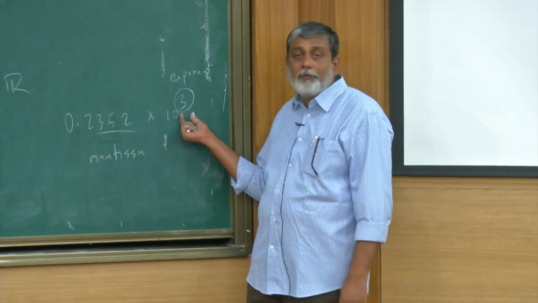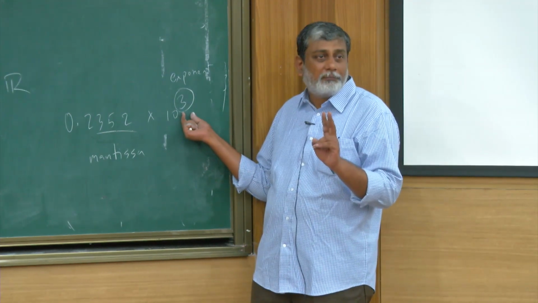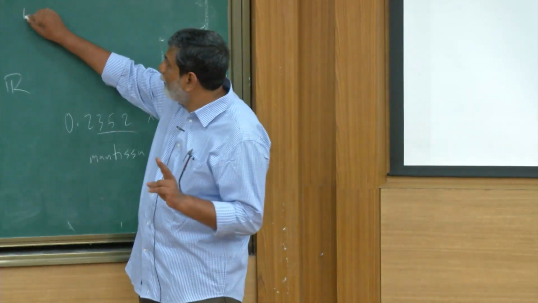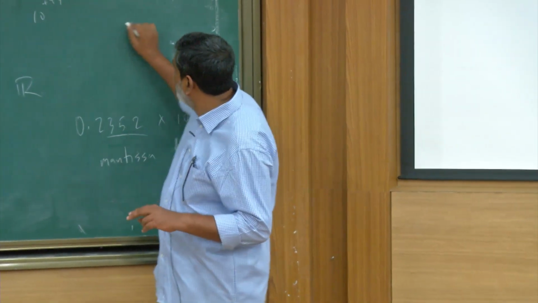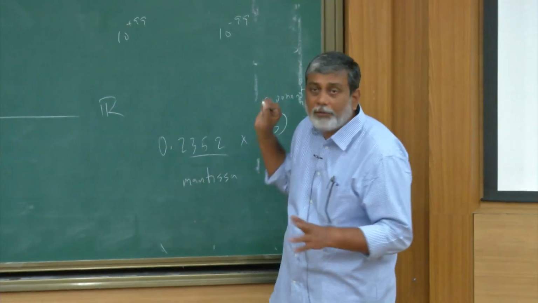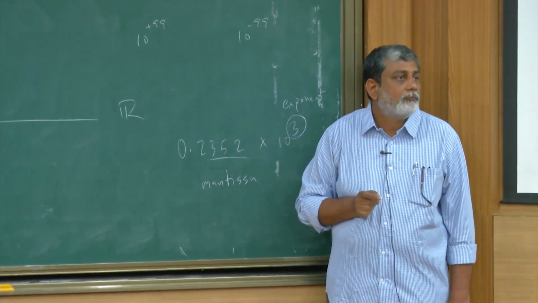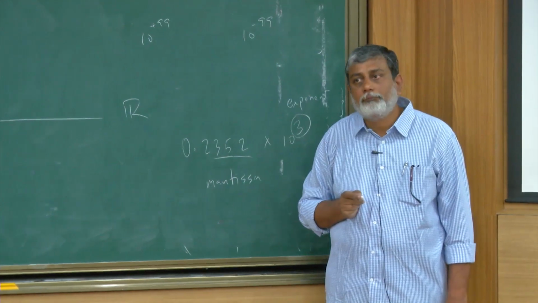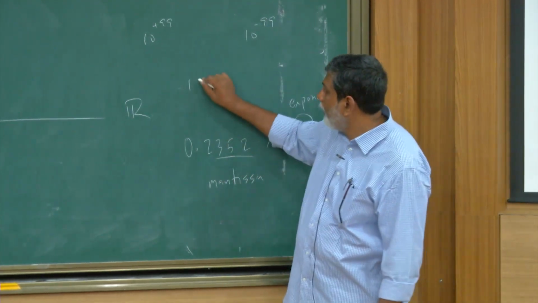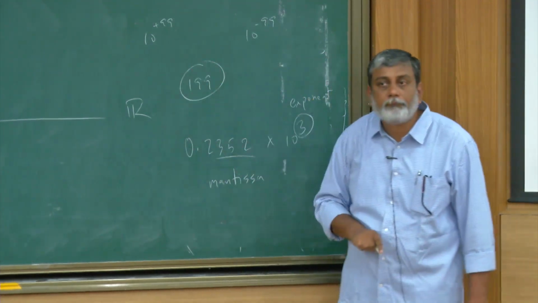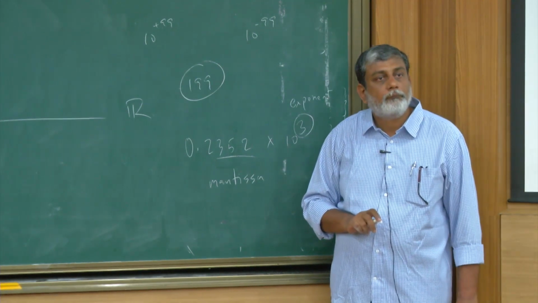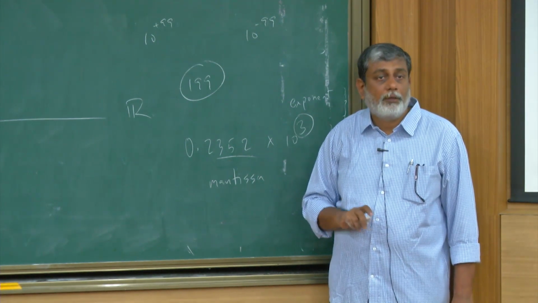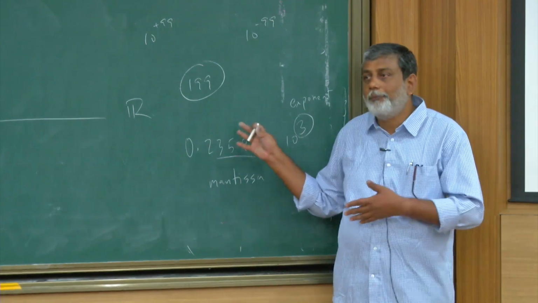Okay, so let's think of the exponent. I said 2 digits. So it can go from 10 raised to plus 99 to 10 raised to minus 99. That's 199 of them. Yeah, 0, and plus 99, minus 99.